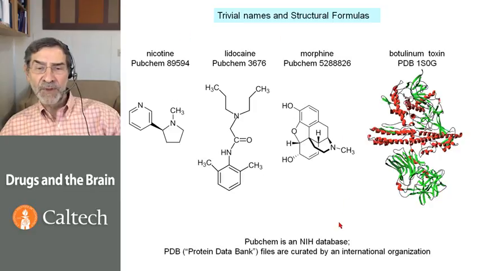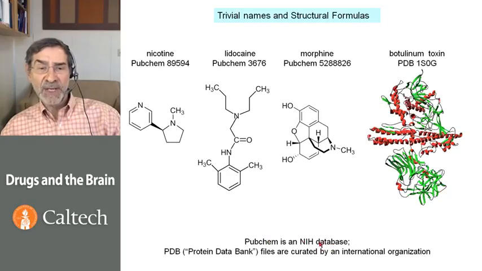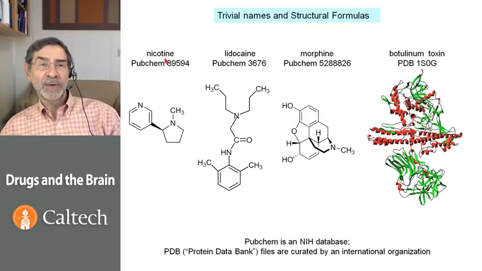The first 3 of them are best described in an NIH database called PubChem, and here are the accession numbers for each of the records.